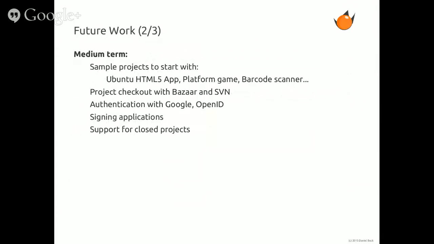Medium-term work. It's so that you need a Git URL to build a project. I want to also support Bazaar and SVN, and perhaps also zip files. I want to add authentication with Google and OpenID.